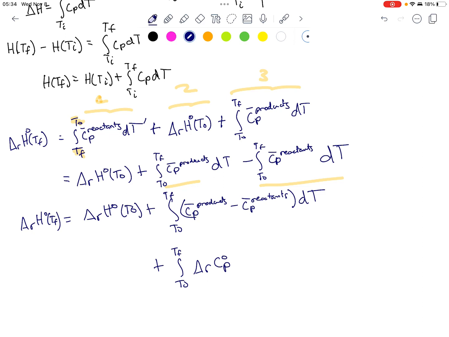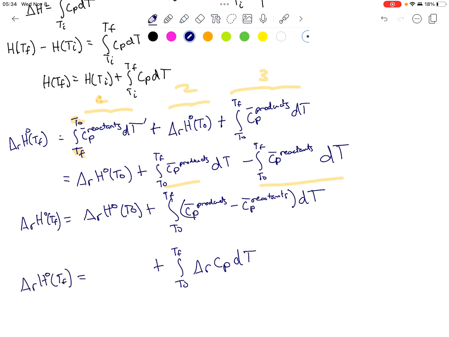A lot of times we won't include the naught there, because usually Cp doesn't depend very much on pressure, but if it does, we can include that naught. And we can do that integrating with respect to T. That's a nice final way of writing it here.